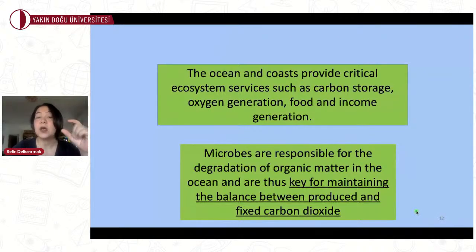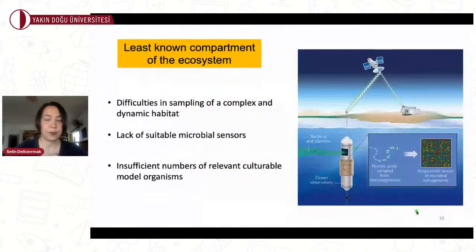So they help to decrease the atmospheric carbon dioxide, which causes the greenhouse gas effect. Even if we know that they are important for the marine ecosystem and the world's health, they are the least known compartment of the ecosystem.